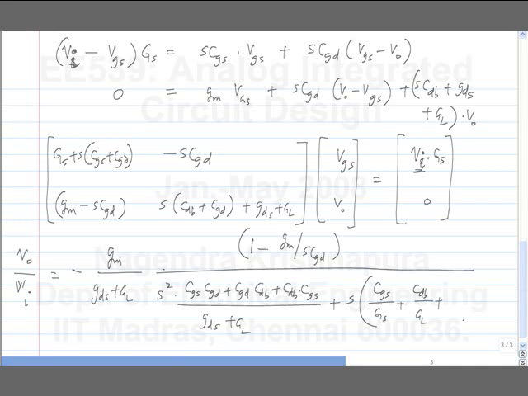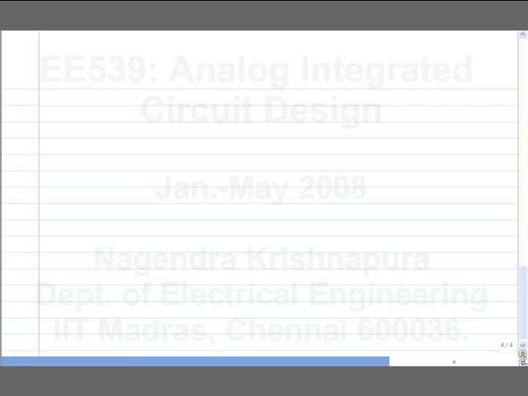So the numerator it's clear. The 0 will be at Gm by CGD. Sorry, this is reversed. Yeah, that's the right way to do it.